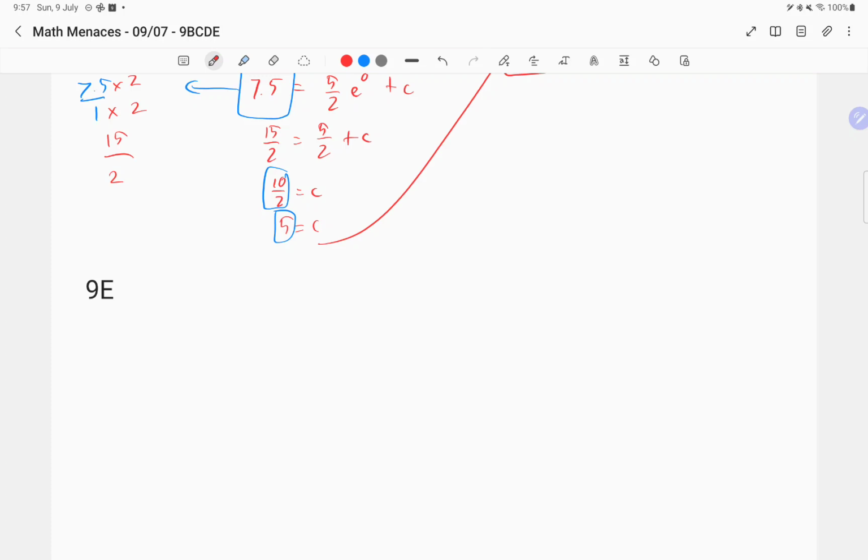Anyway, chapter 9E is just the antiderivative of trigonometric functions. Remember, when the original function f(x) is sin x, what's the derivative f'(x)? Cos x. When you have cos x, what's the derivative? Negative sin x.